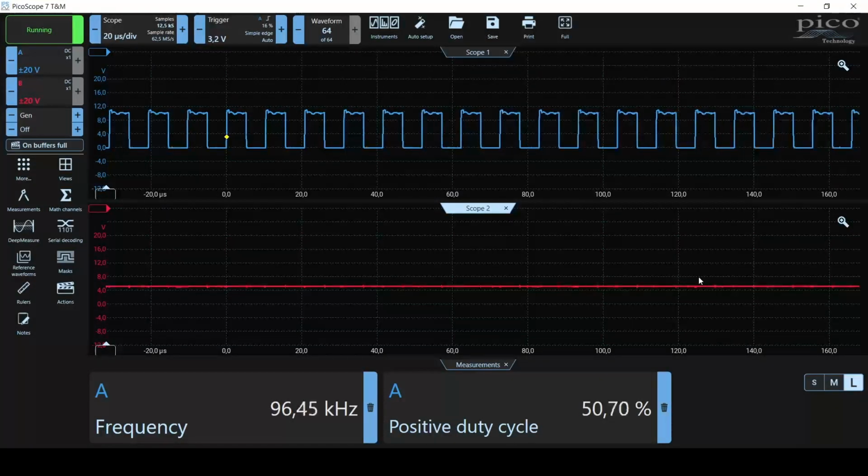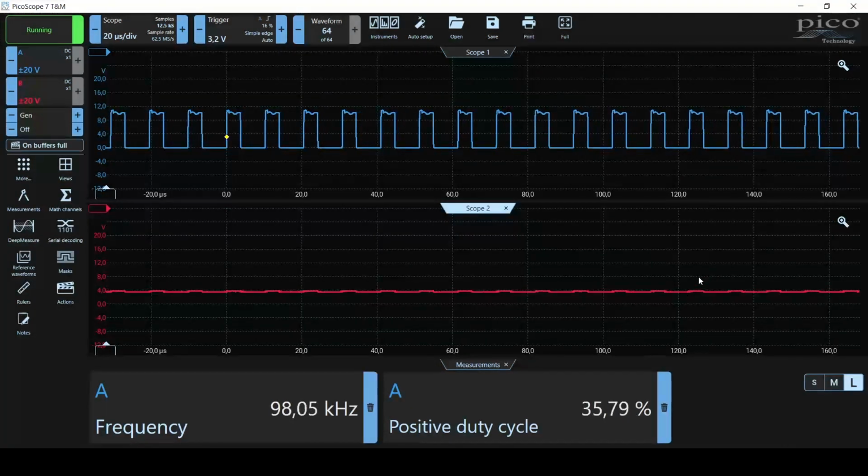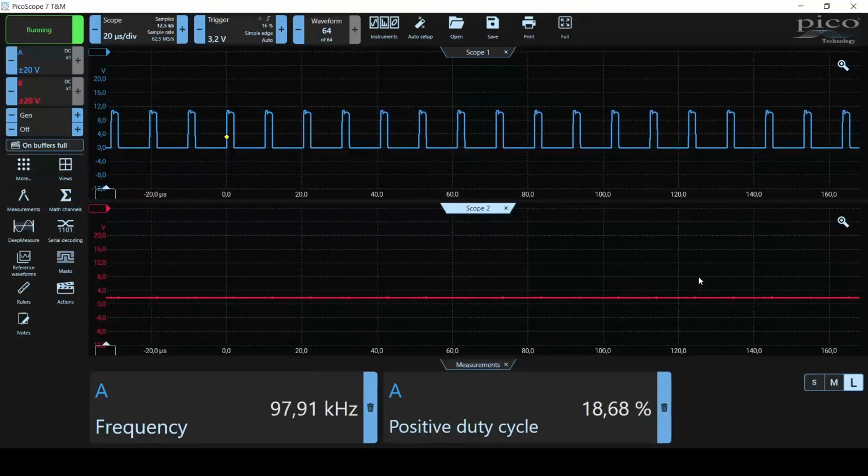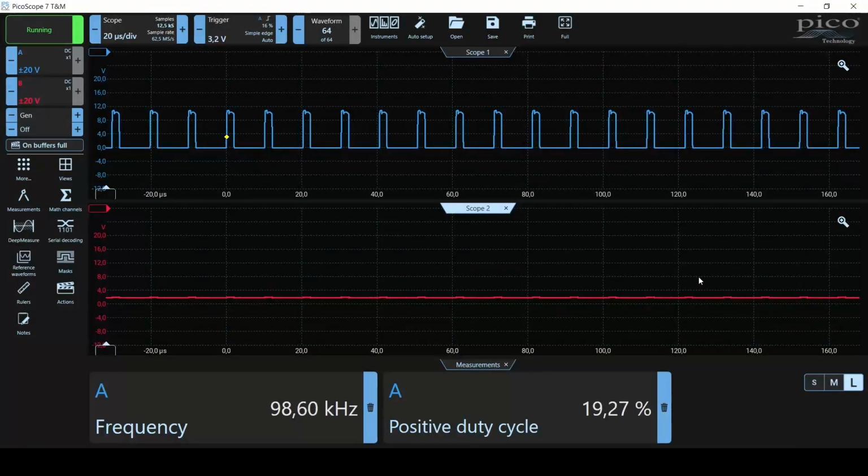And now I'm at 50% and we're measuring around 5 volts, right? And if I turn the pot all the way down, this will be explained later as to why the duty cycle can't be turned down to 0. I can only turn it down to 20%, and then the output voltage according to the multimeter is an averaged value, which is 1.9 volt.